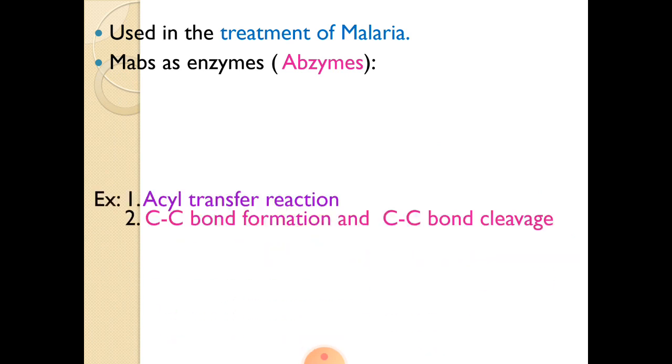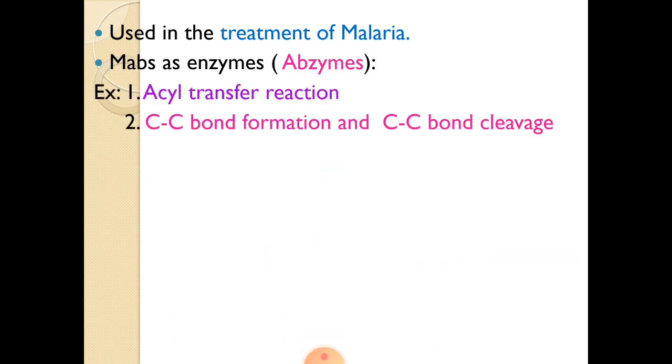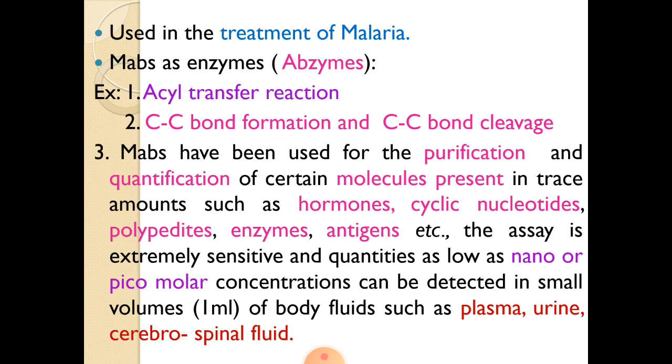They are used as enzymes. Monoclonal antibodies used as enzymes are called abzymes. They find use in acyl transfer reactions. Then they find use in carbon-carbon single bond formation and also in breakage.